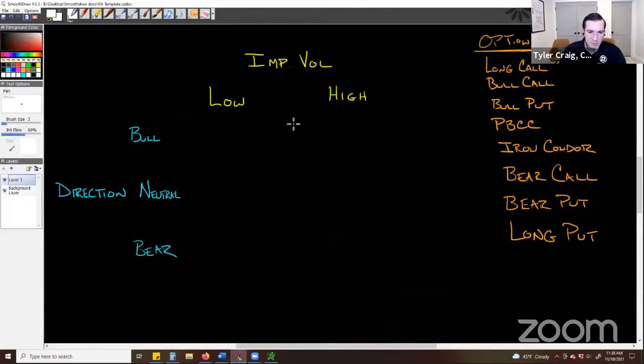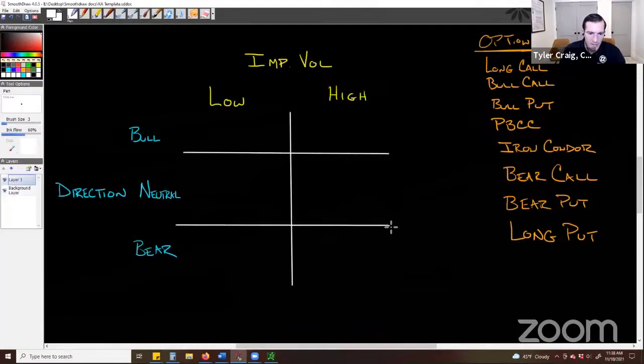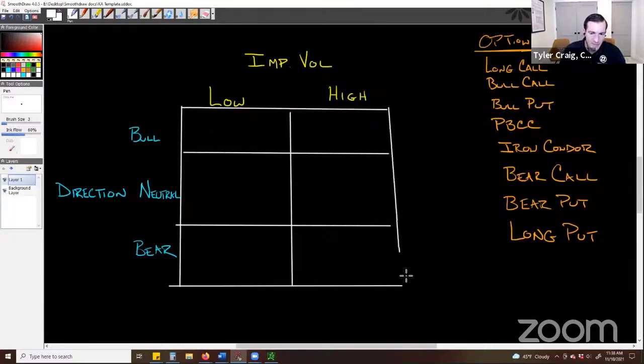And if you did this in a spreadsheet, you would basically have two columns, low and high, right? And then you have a bull row, and you have a neutral row, and you have a bear row, right? So I could basically connect these all and do something like this, right?